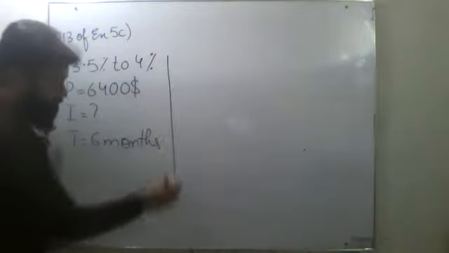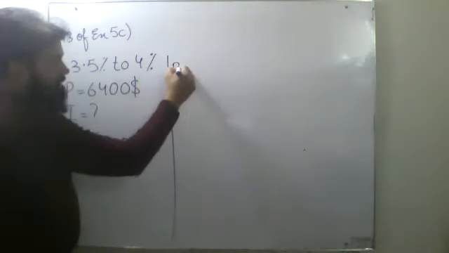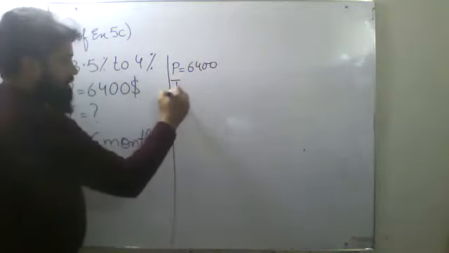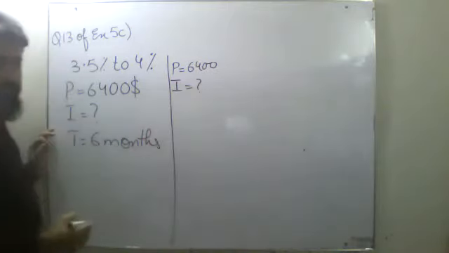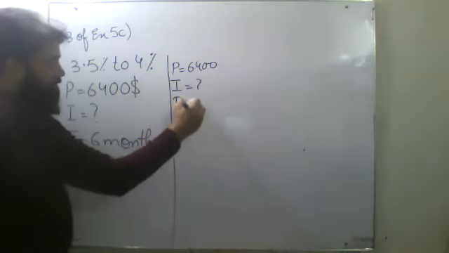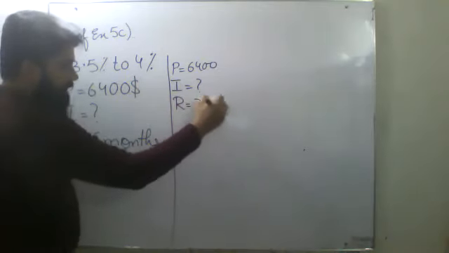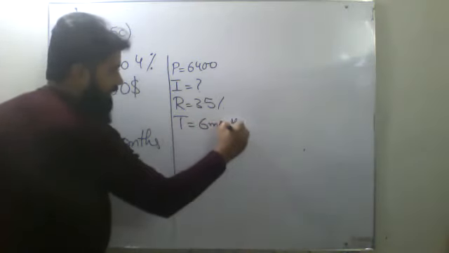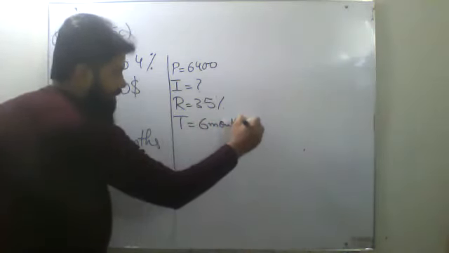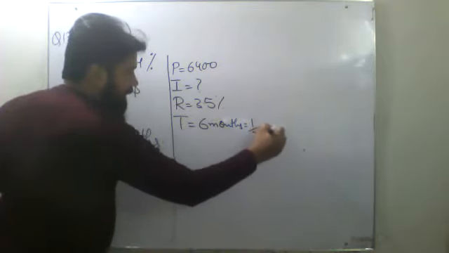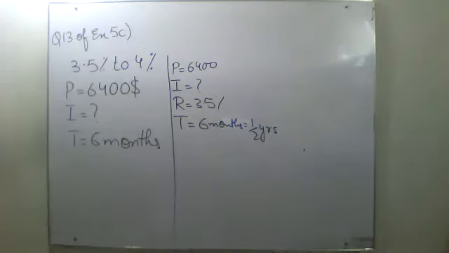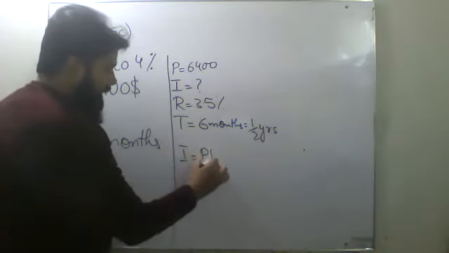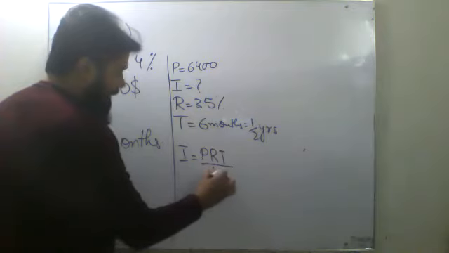Principal is $6,400. Interest, I don't know. Rate is given 3.5% per annum. Time is 6 months. So when I divide it by 12, this will become 1 upon 2 years. So I equals to PRT over 100.